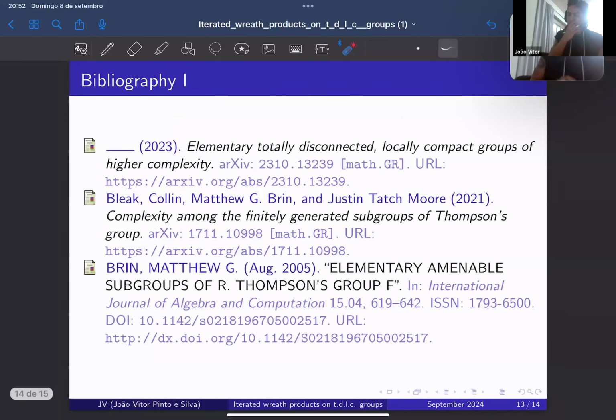So here are just the references that I have. The first one is a construction that already exists, which follows a similar idea, but in this case your L is just Z. It's what I did in my thesis with Colin, George Willis, and Stefan.